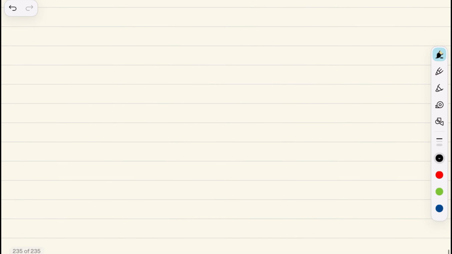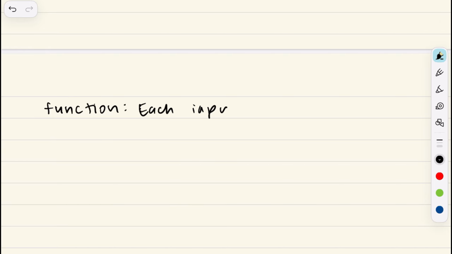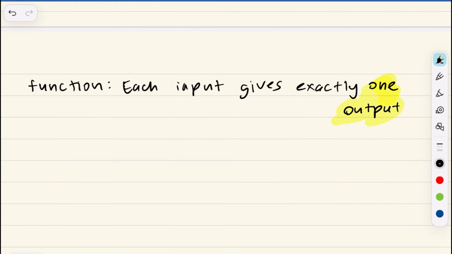So now that we understand the basic kinds of mappings, we can define a function. Simply put, a function is a special kind of mapping where each input gives exactly one output. And the most important part here is the one output. This is the most important thing you have to remember when talking about functions.